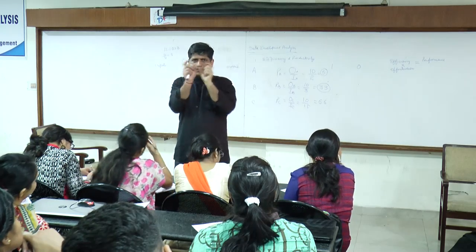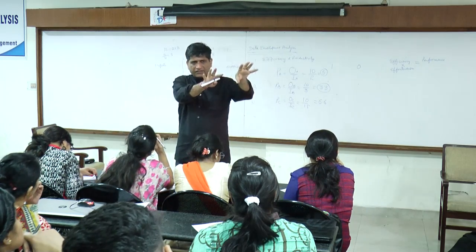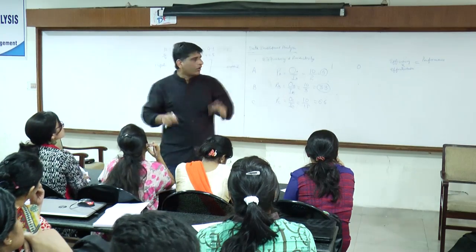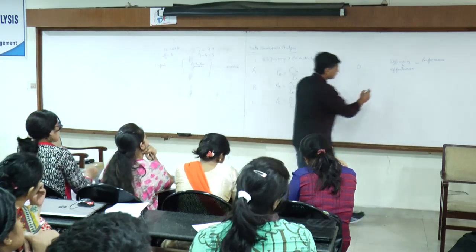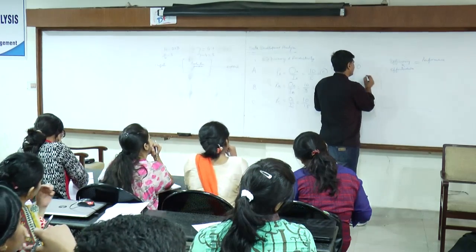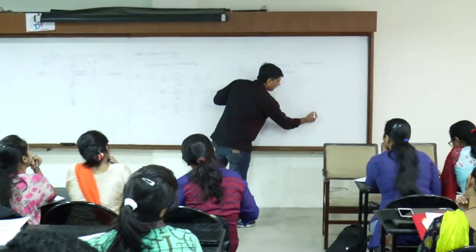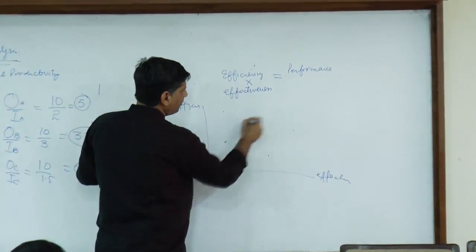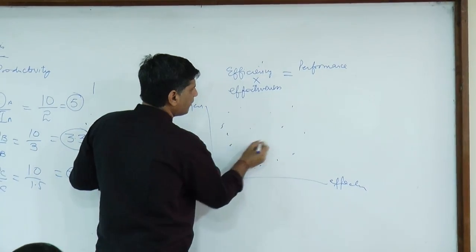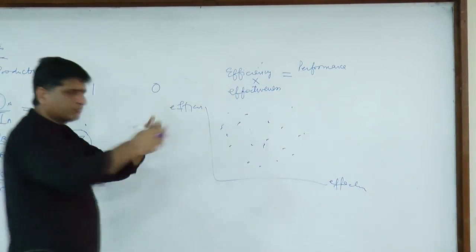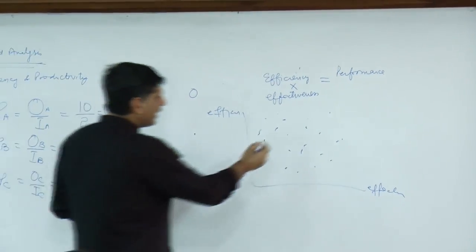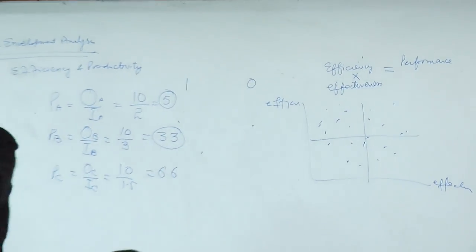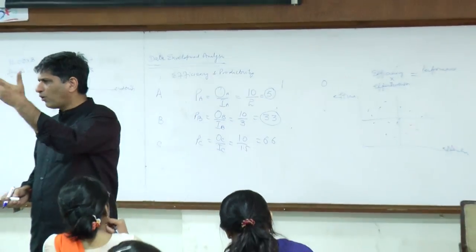And if we know about these two things, effectiveness and efficiency, and we plot them, with efficiency on one axis and effectiveness on the other, for different firms, say a sample of 50 firms, I will be able to divide them into different quadrants.